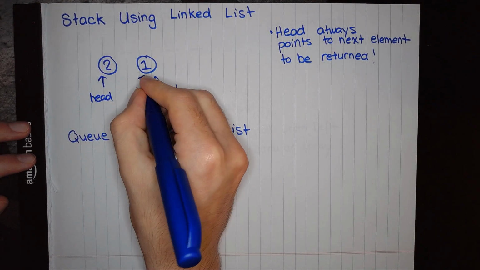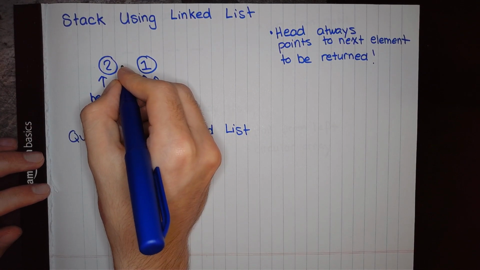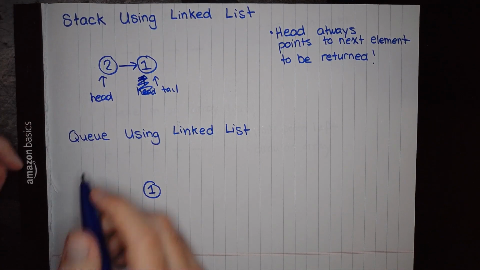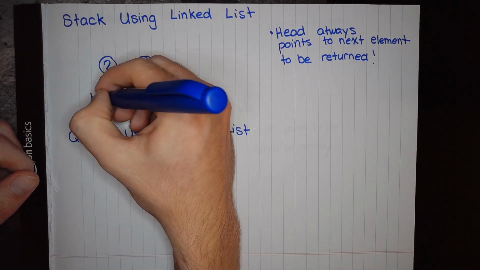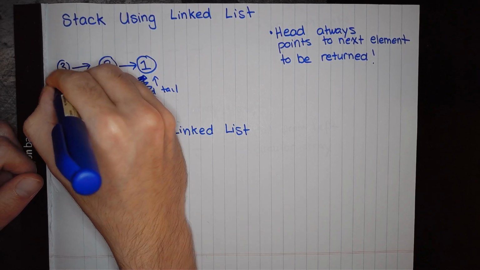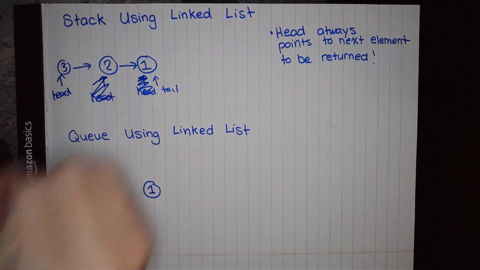and it needs to stay being a list, so I attach this 2 to the 1. So for a stack, when I come to pull, the head is pointing to the 2. Actually, let's add another element. Let's add a 3, so it's a little bit more of a realistic example. So let's say I have a head pointing to a 3.